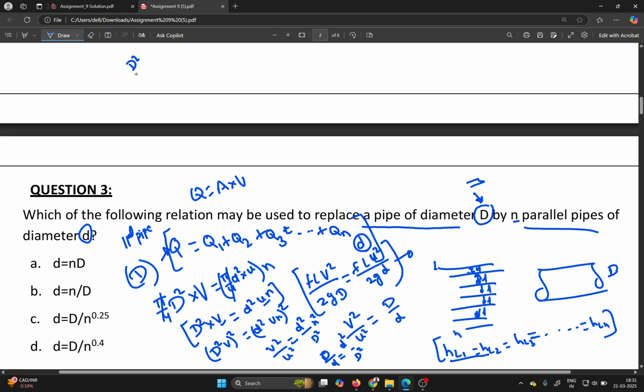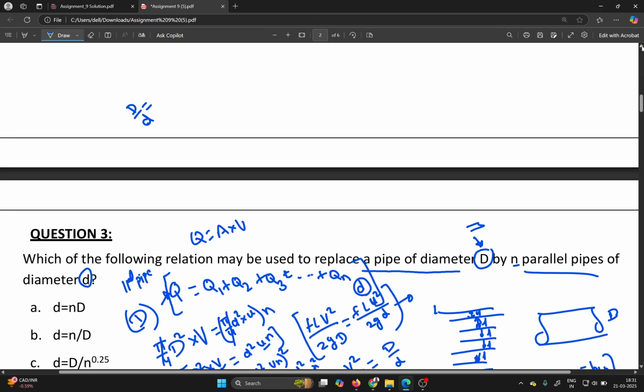So capital D by small d, not squared, is equal to, only the arrangement here, you need to just arrange the terms. Then small d squared divided by capital D squared n squared.